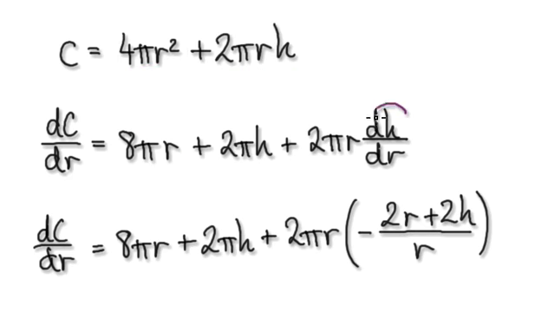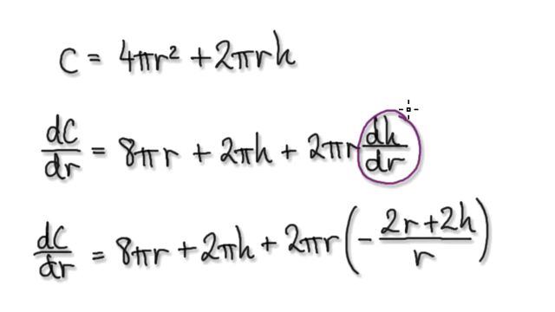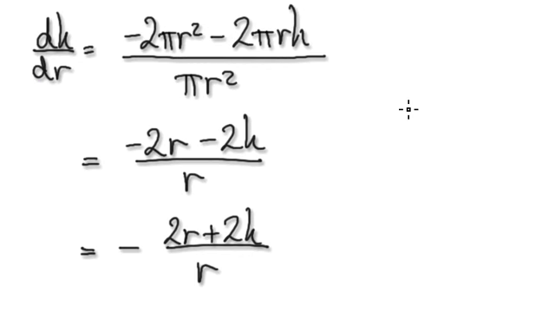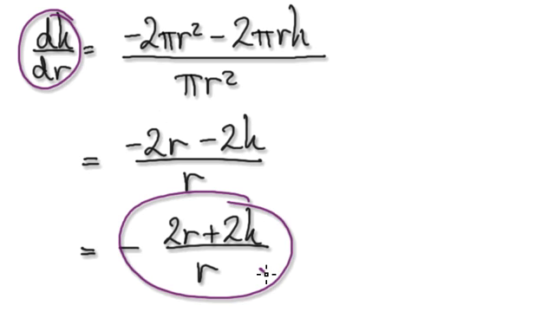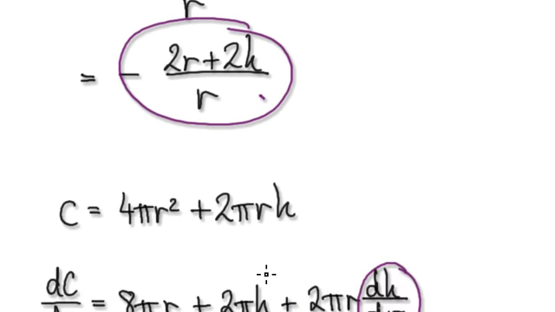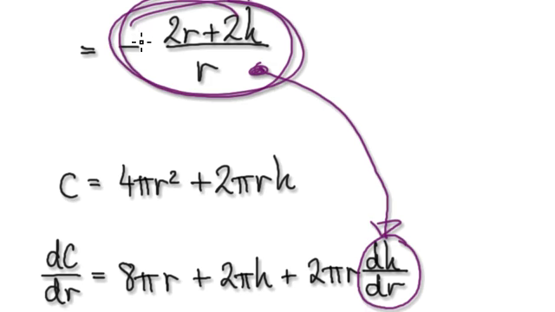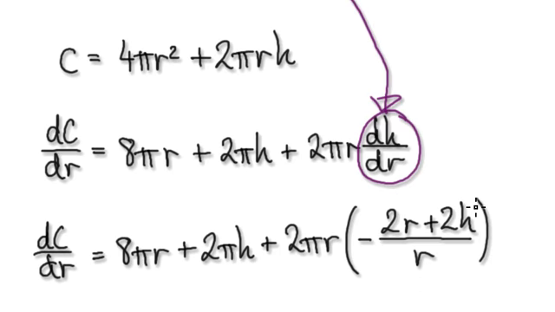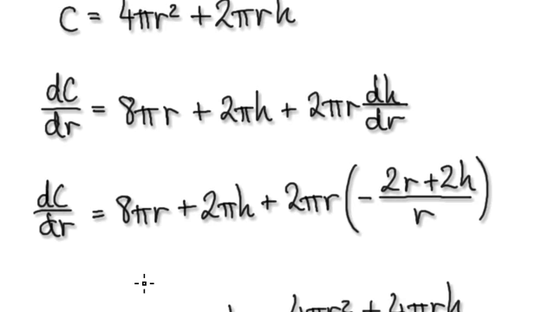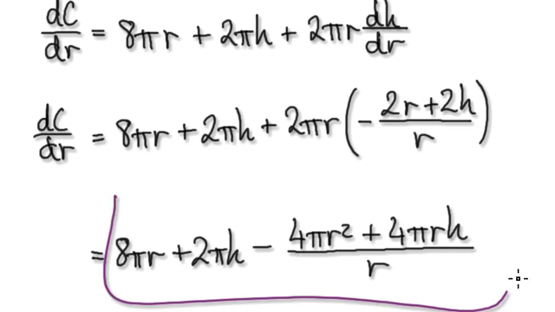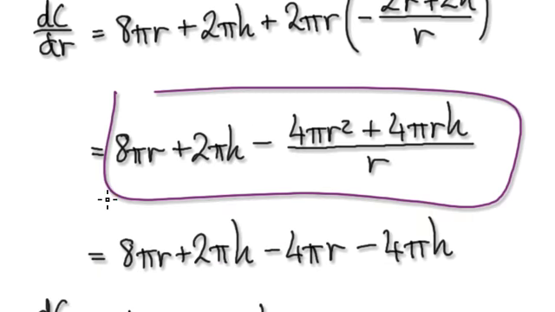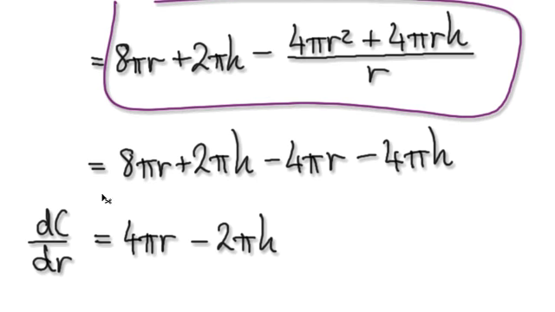Okay, now dh by dr here, we worked that out earlier. dh by dr is given by this. So now let's put this into here. Remember this, put it into dh by dr. That's this bit here. Okay, and then tidy this up. It will then give you this, and then tidy up, and it will give you this.